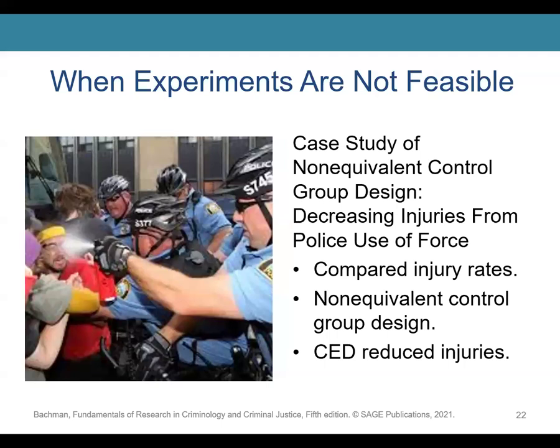This leads us to the case study of non-equivalent control group design, or decreasing injuries from police use of force. In this, they were looking at different effects. The injury rate: Taylor and Woods compared injury rates of both officers and suspects that were used in this CED with a matched sample that did not use them.